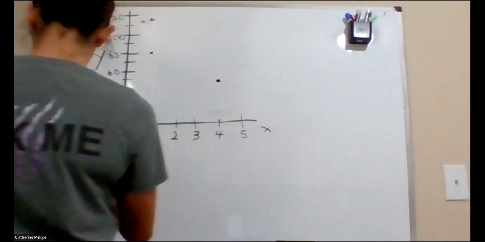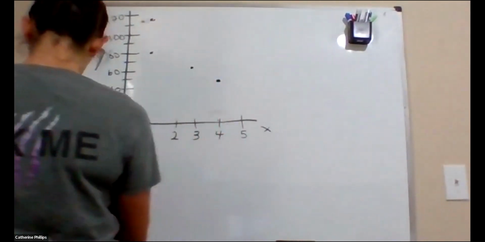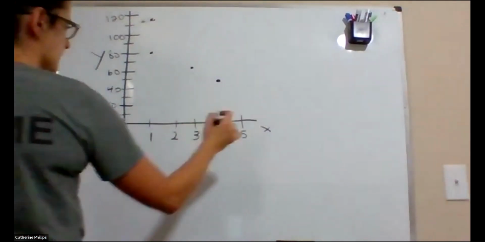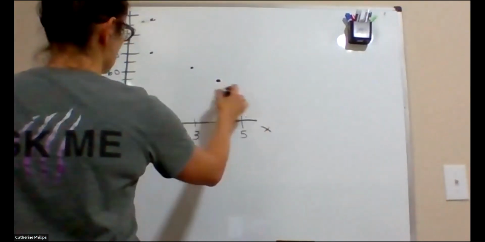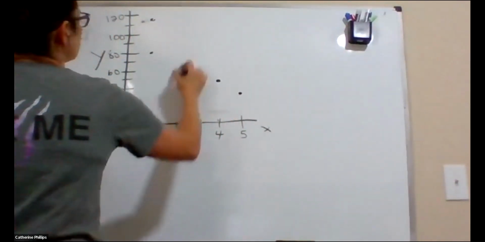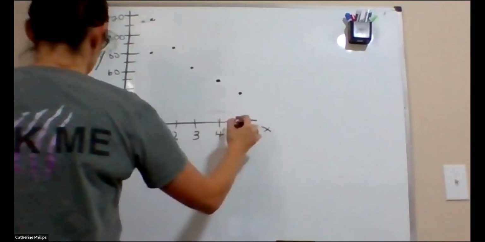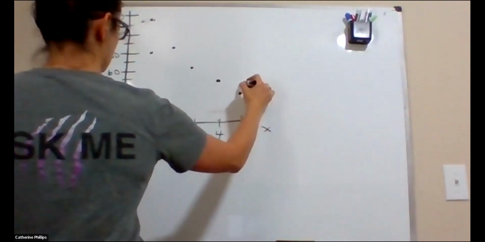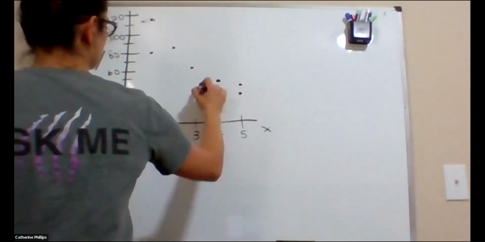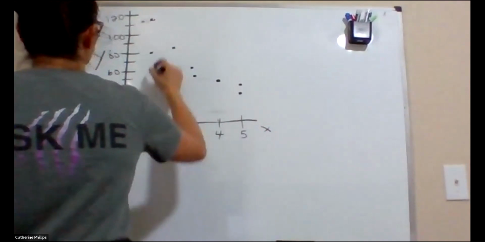That 16 was a bit low. 3, 63. 5, 37. 2, 84. 5, 41. 3, 51. 1, 94.